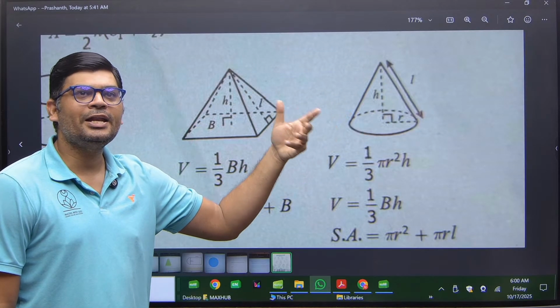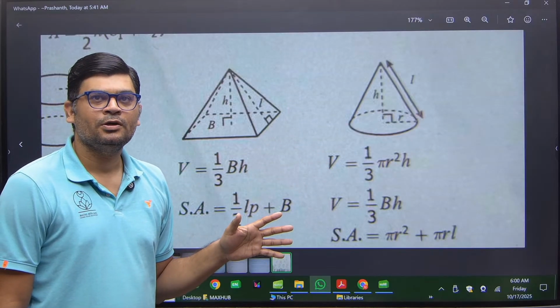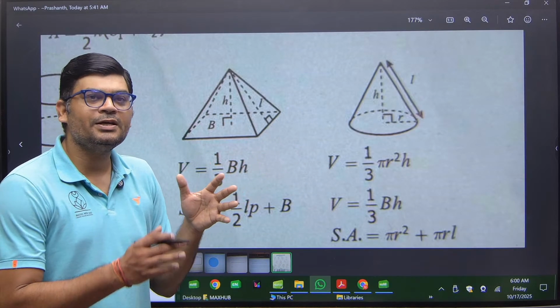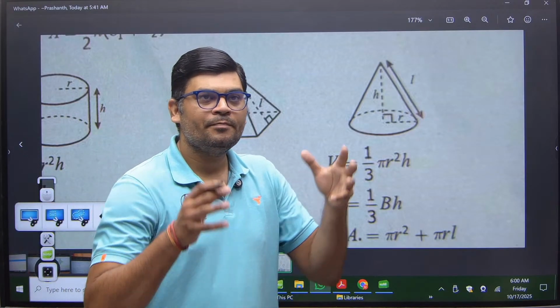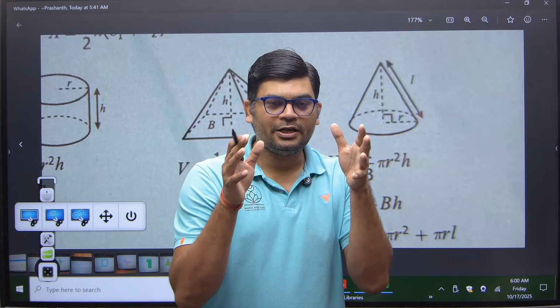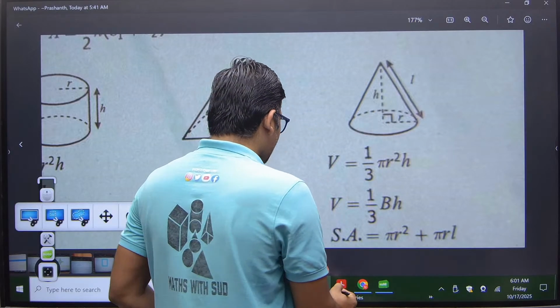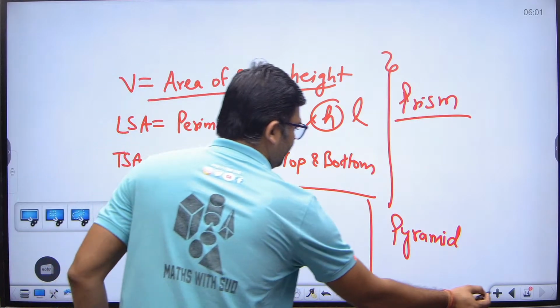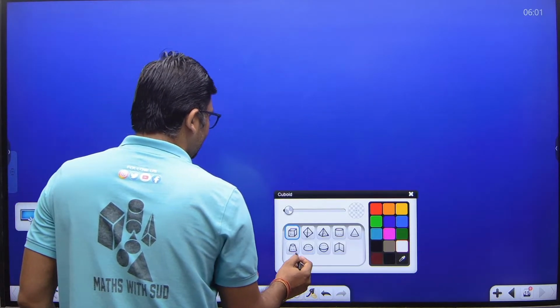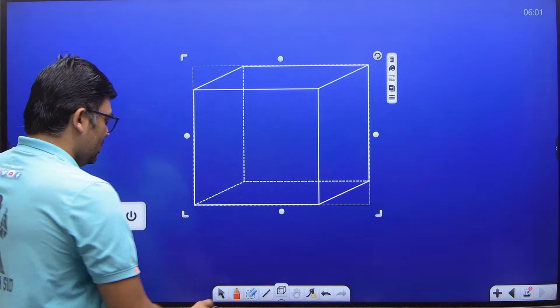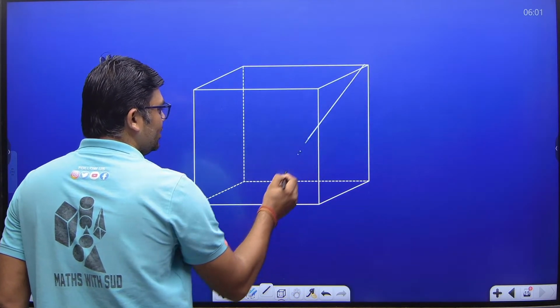For any pyramid shape, think how it is being formed. A pyramid is a structure that came out of prism. In a prism shape, if you cut it in 3 parts, let us take any prism. Let me show you. If you remember like this, you will easily remember the formula. So what I will do, I will cut this part like this.